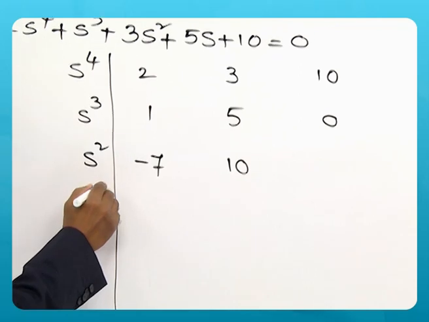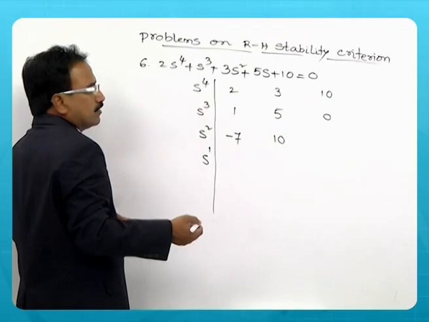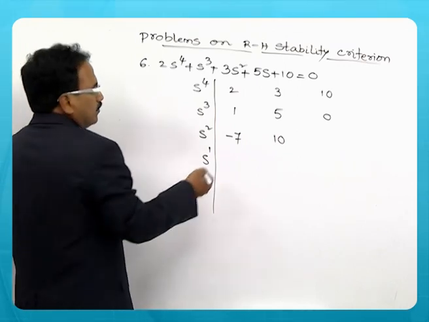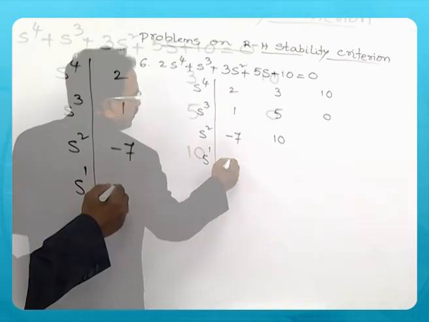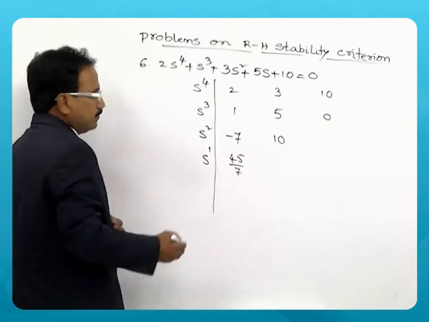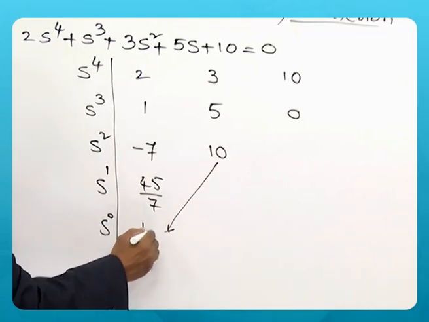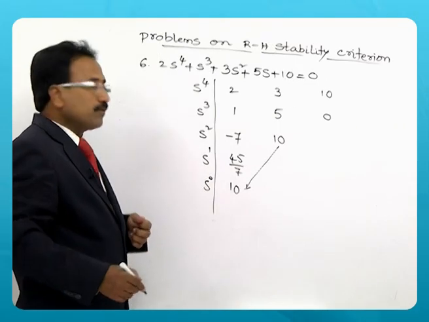In the s power 1 row, minus 35, 10, minus 45 by minus 7, so it is 45 by 7. And for the s power 0 row, this 10 is directly taken here, no need to calculate.